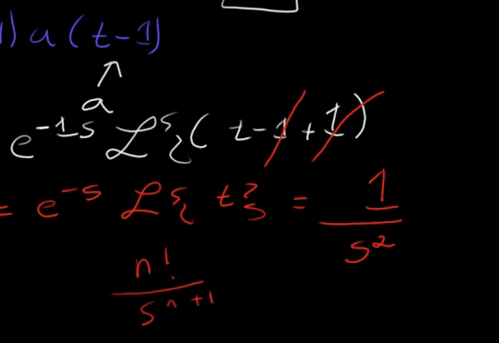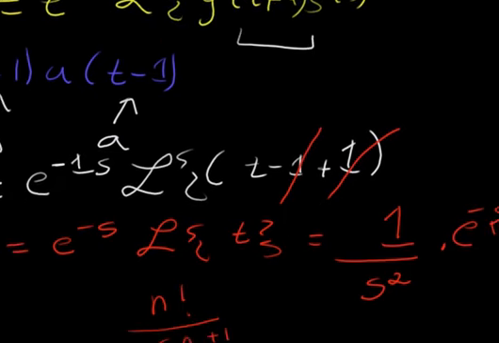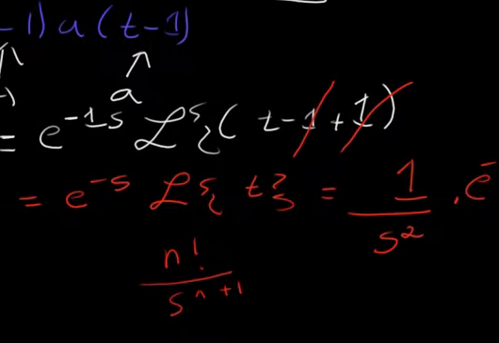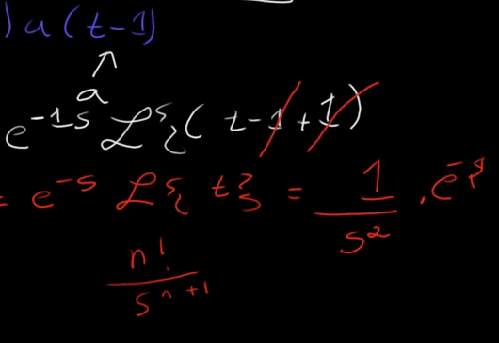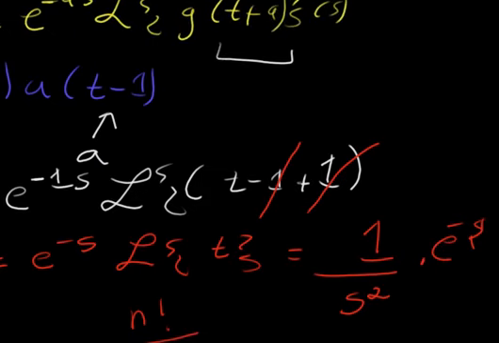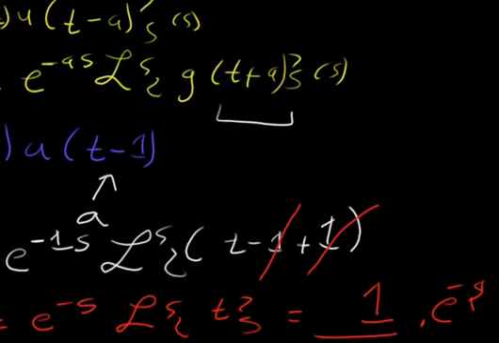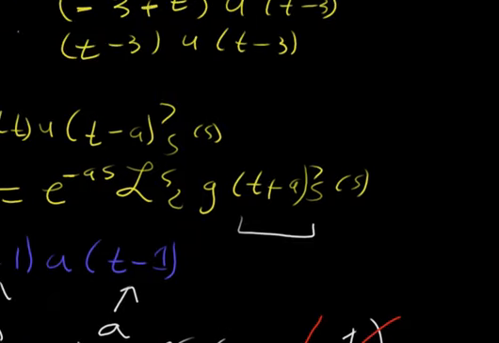So 1 over s squared times e to the negative s. So this is the first one. Actually, I ran out of space. This is the first one. So now you could do the rest, and I'm gonna write the Laplace transform of the rest.